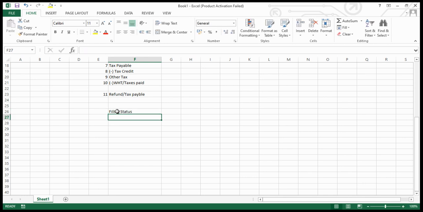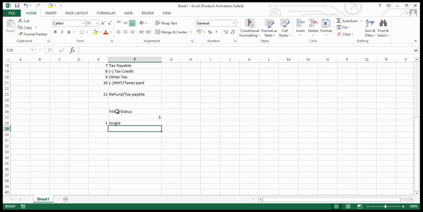How many filing statuses do we have in the US? Five. The first one is single. It's not based on age. I'm just giving income tax as a reference. Here it's completely based on the marital status as well as the dependents on you. How many people are dependent? So based on different criteria, we define the filing status.